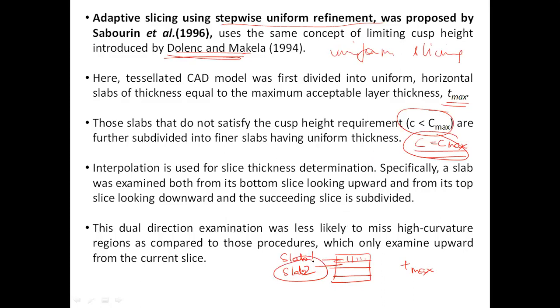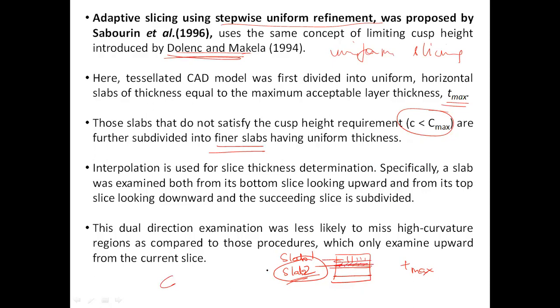Now let us assume slab 2 did not satisfy this condition. So they simply took slab 2 and used the criteria again to divide it into finer slabs. In order to reduce the cusp height of this slab, they further refined it into smaller layer thicknesses.